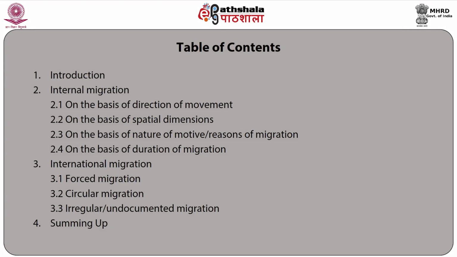Learning objectives of this module are to understand internal migration, its classification on the basis of direction of movement, on the basis of spatial dimensions, on the basis of nature of motive, regions of migration, on the basis of duration of migration, then international migration, its classification based on forced migration, circular migration and irregular or undocumented migration.